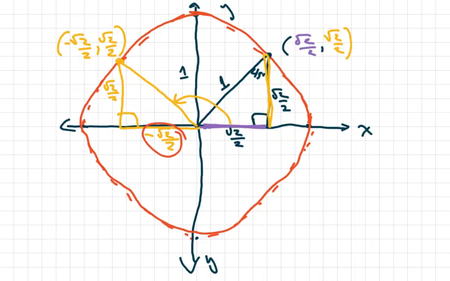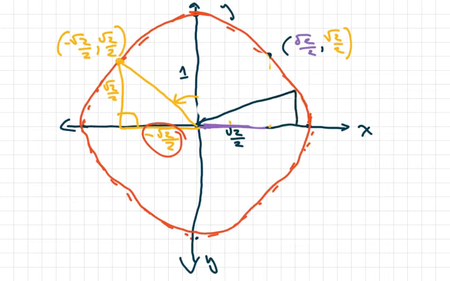Now, when we do the 30, I should have probably drawn another circle, but let me just erase this because it's kind of going to be messy here. And I'm going to do the 30, 60, 90. And I know from what we did on the previous slide that this length right here, the side across from 60, is square root of 3 over 2.